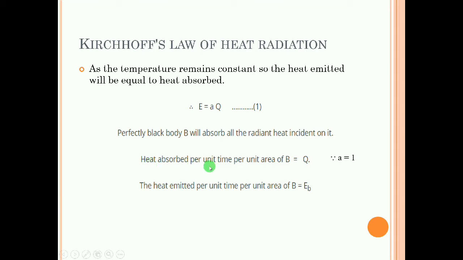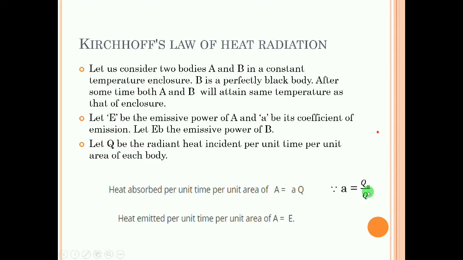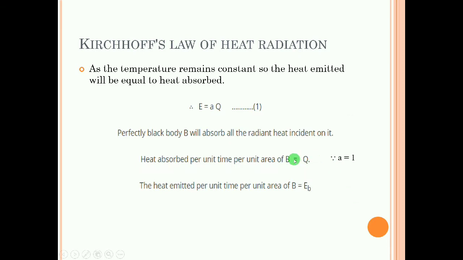When we write heat absorbed per unit time per unit area for perfectly black body B, it will be equal to a into Q, but a here is 1, so it is only Q. Next, heat emitted per unit time per unit area.